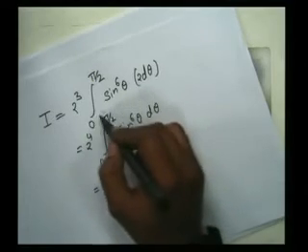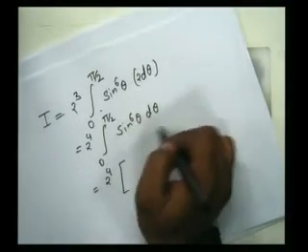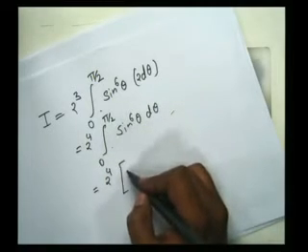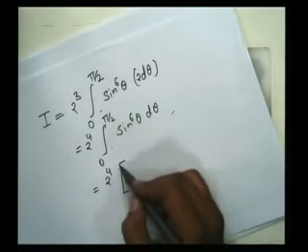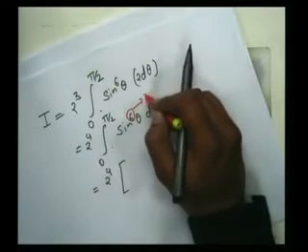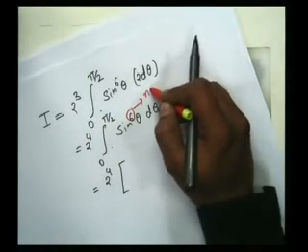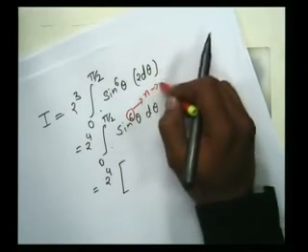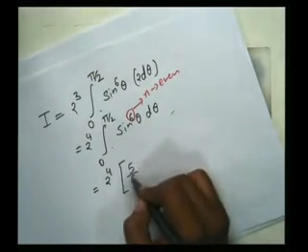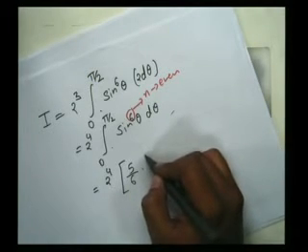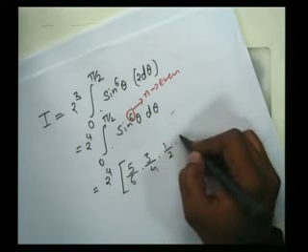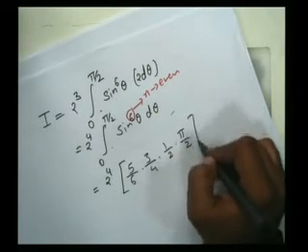Now it's a standard form of the reduction formula, so we can use the reduction formula to evaluate this integration. Here n equal to 6, which is even. So the result is 5 by 6 into 3 by 4 into 1 by 2 and pi by 2.